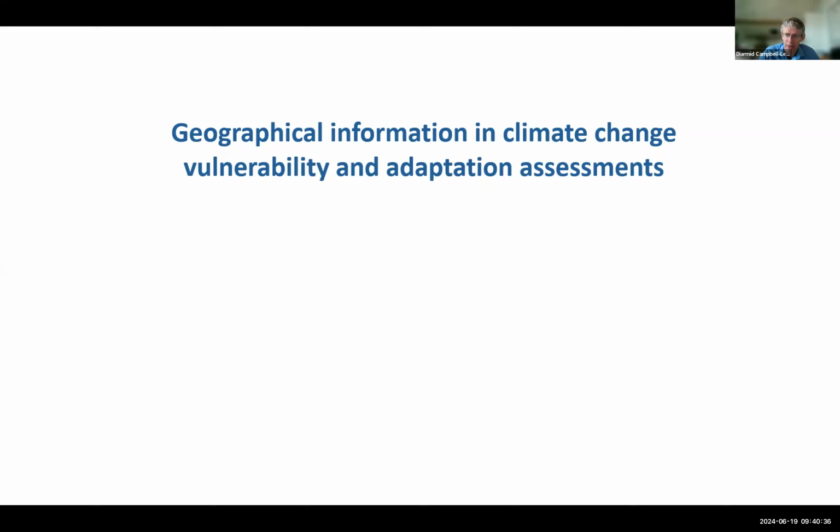And they're just aiming to provide a broad introduction, making the connection between material that we've covered previously in the seminar series about the overall process of carrying out a vulnerability and adaptation assessment in order to understand the health risks from climate change and what we can do about them, and connecting that to the specific technique of using geographical information systems, using GIS in order to support those assessments, in order to get a better understanding of our issues and a better targeting of the responses that we want to put in place.